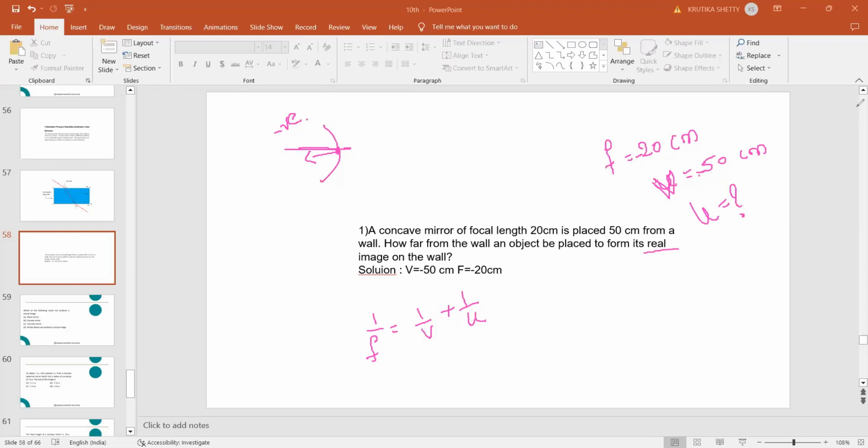Will you try and tell the answer? That is, you calculate the u value. You can substitute here: 1 divided by minus 20 is equal to 1 divided by minus 50 plus 1 by u. If I transfer this, it will be 1 by minus 20 minus into minus plus 1 by 50 is equal to 1 by u. You can take the LCM and simplify, however you feel comfortable.